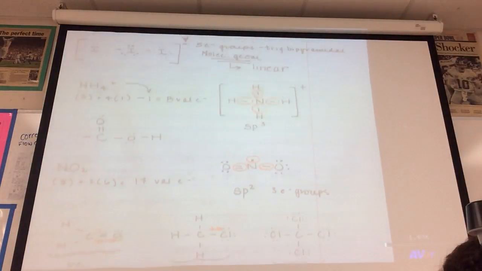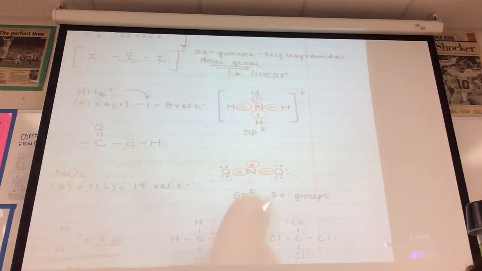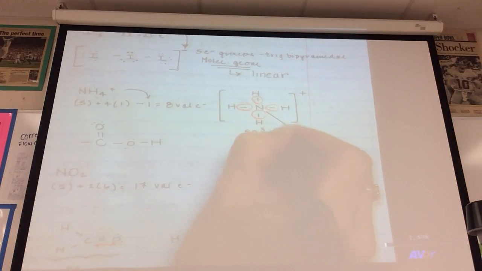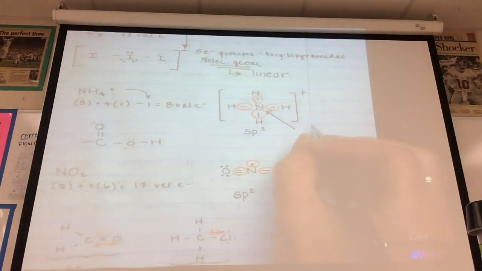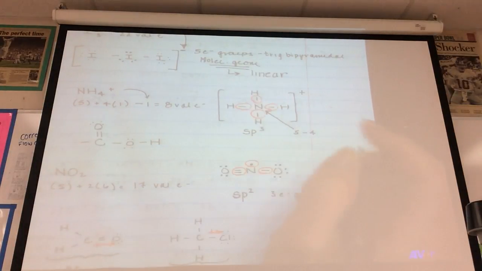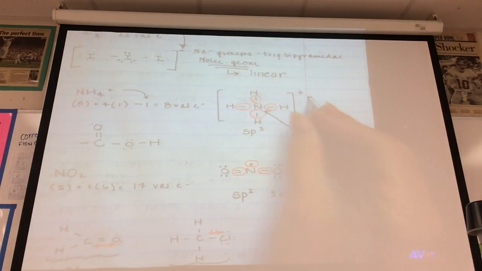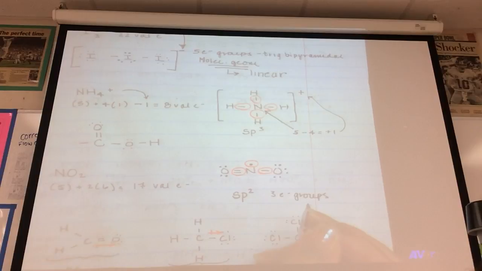Formal charge. In regard to formal charge, if we went over here, for example, nitrogen by itself has 5 valence electrons minus the 4 that are attached, if you will, is equal to +1, consistent with the charge. Formal charge is only for the central atom?